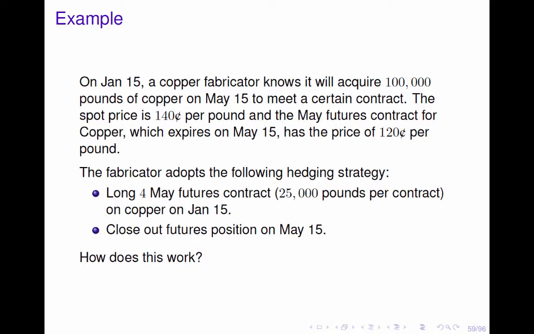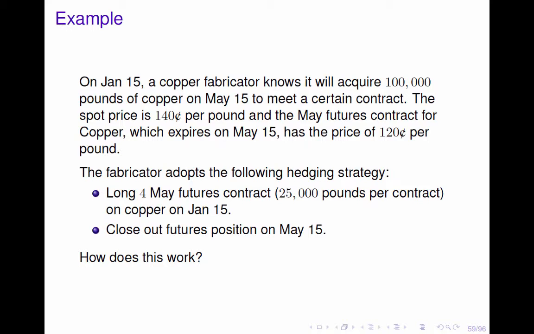The fabricator adopts the following hedging strategy. Take a long position of 4 May futures contract on copper on January the 15th, and then close out the futures position on May the 15th. Note that each contract has size 25,000 pounds. Therefore, 4 contracts exactly meet its needs of 100,000 pounds.